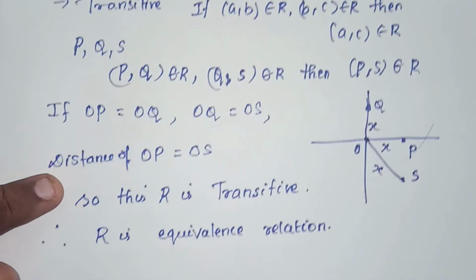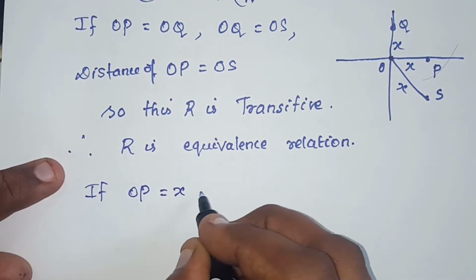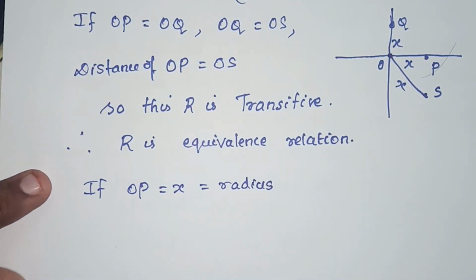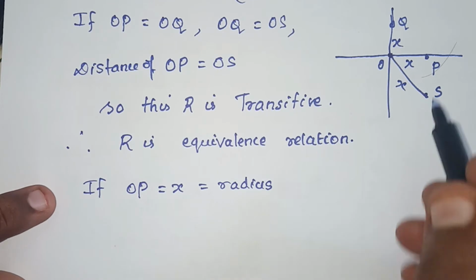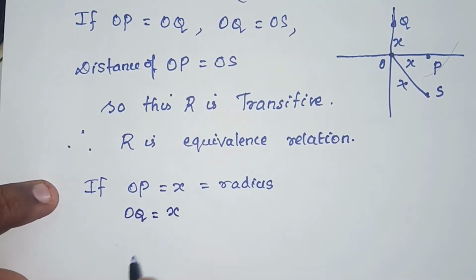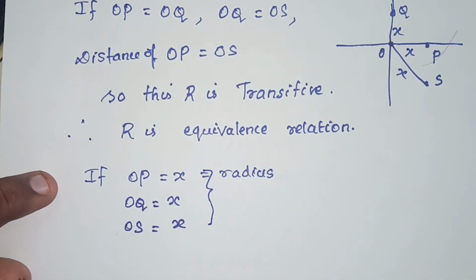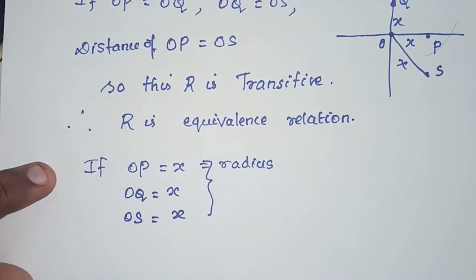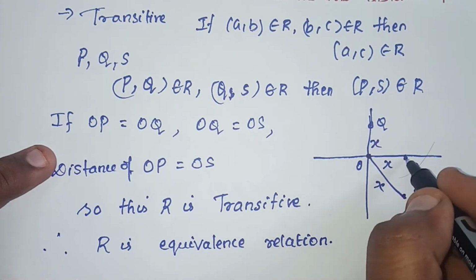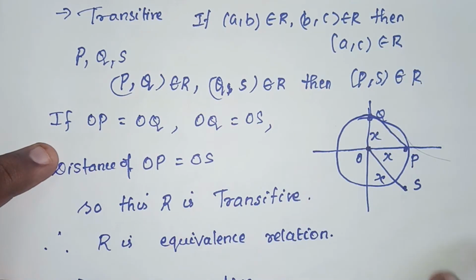If OP is the radius, OP equal to X, means for a circle all the radii are the same, right? This OP is distance X, means OQ is also X. OS is equal to X. So this is the radius. So we can connect all these points as a circle.